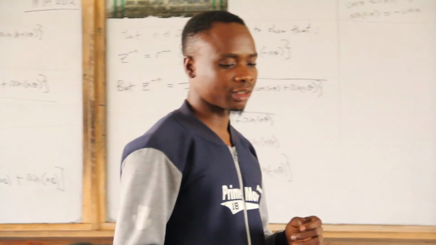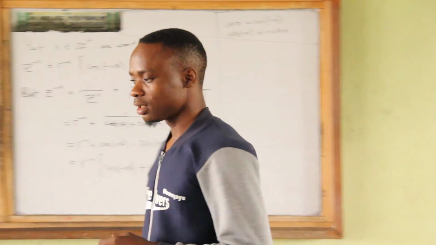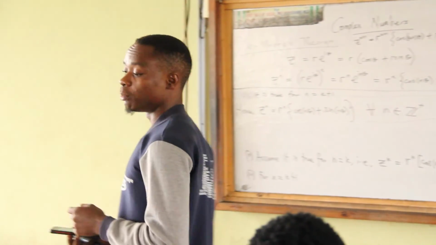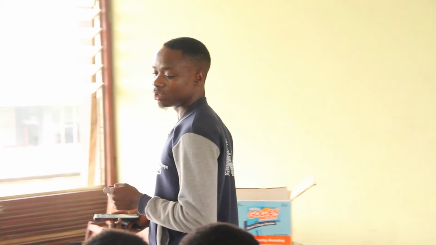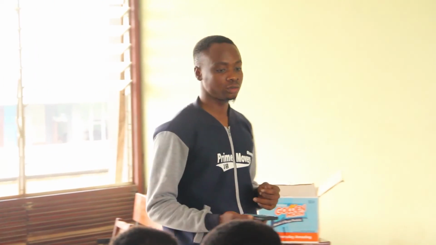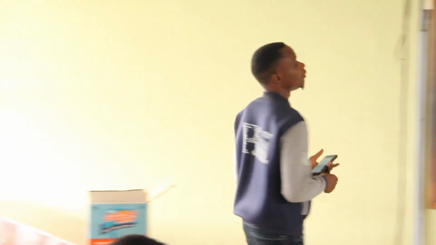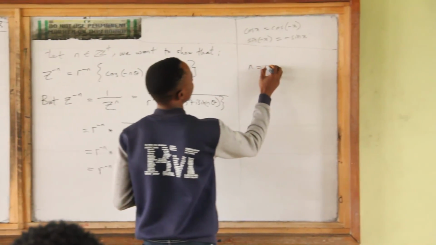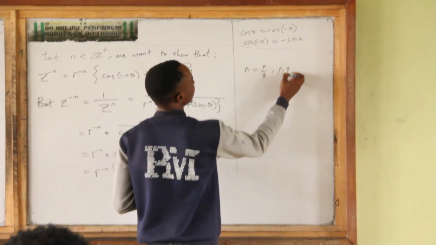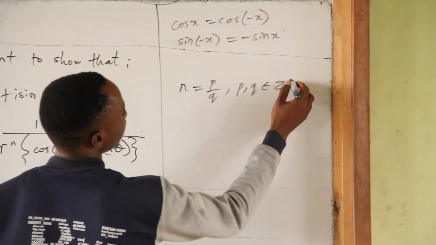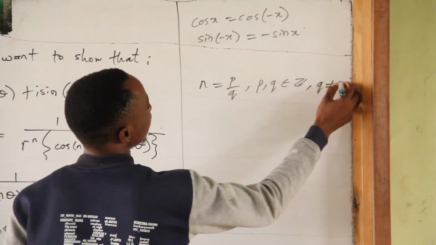Alright, assignment. Prove that De Moivre's theorem is true for all n equal to p over q, where p and q are integers, and q is not equal to 0.